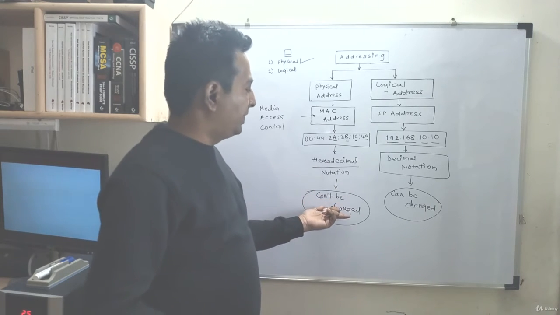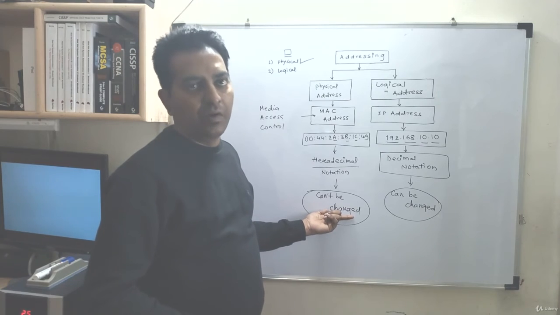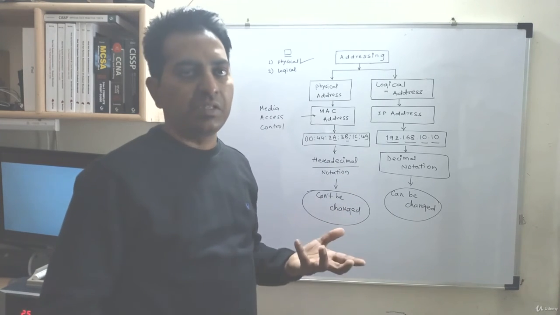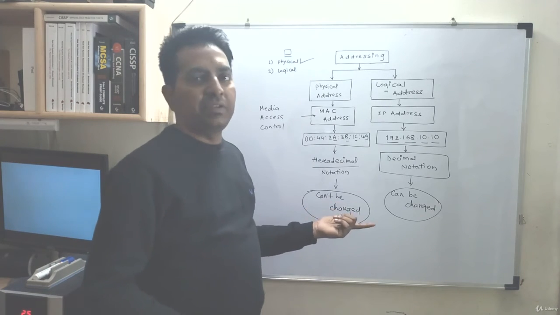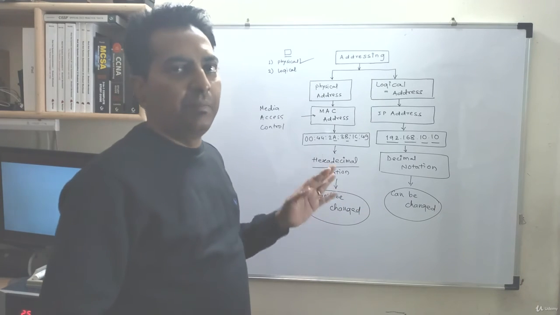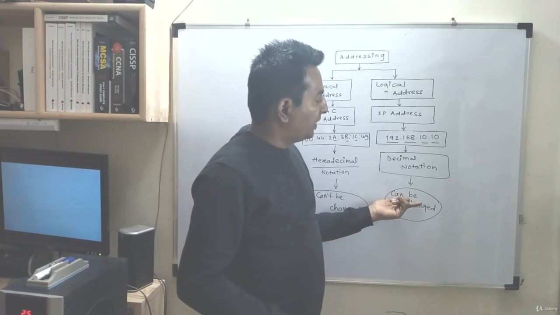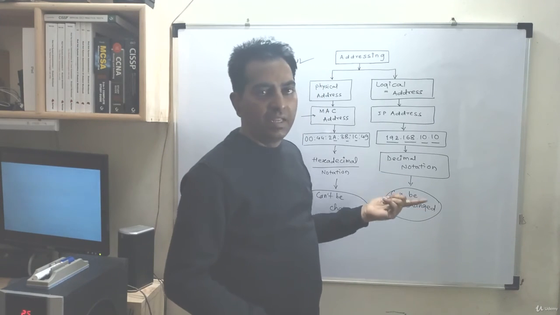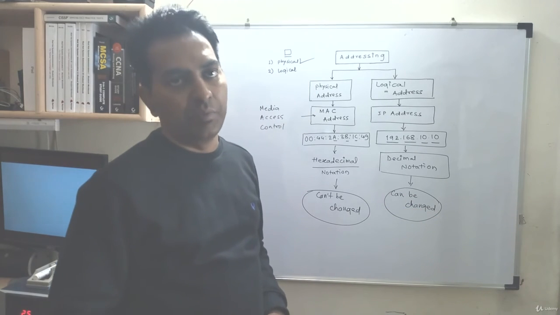The original equipment manufacturer of that network device or the computer can change this address, but the end user cannot. But when it comes to the logical address, anybody can change the logical address of the end computer.